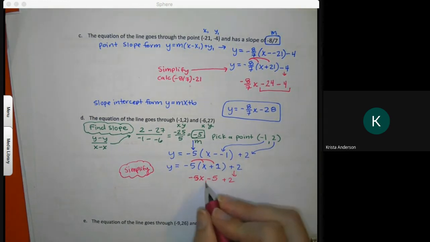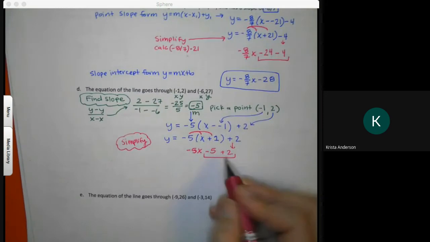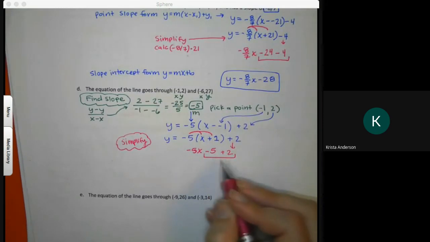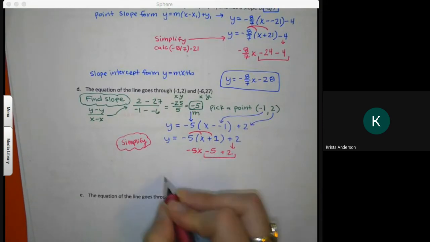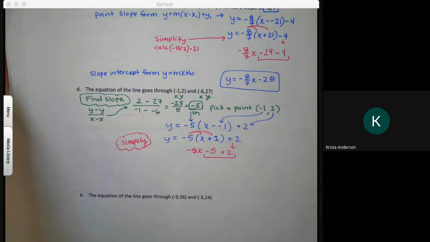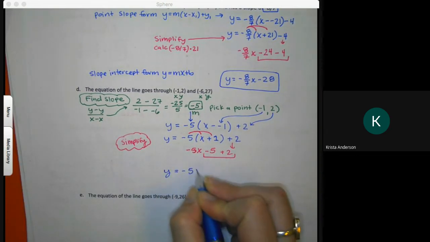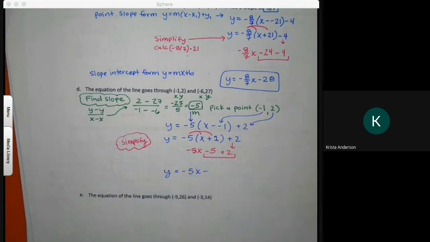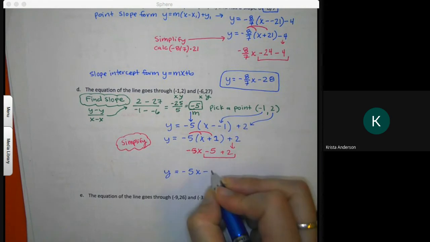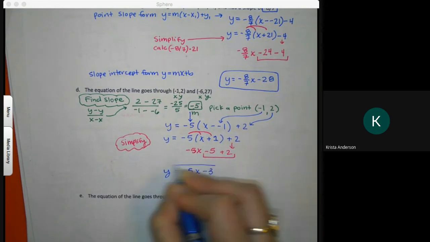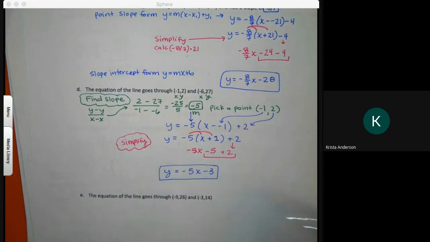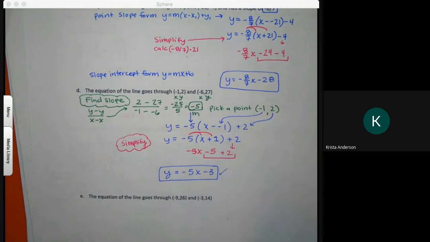What happens when I combine these two that are like terms at the end? It becomes a -3. -5 plus 2, -3. That would be done. That's in slope-intercept form.